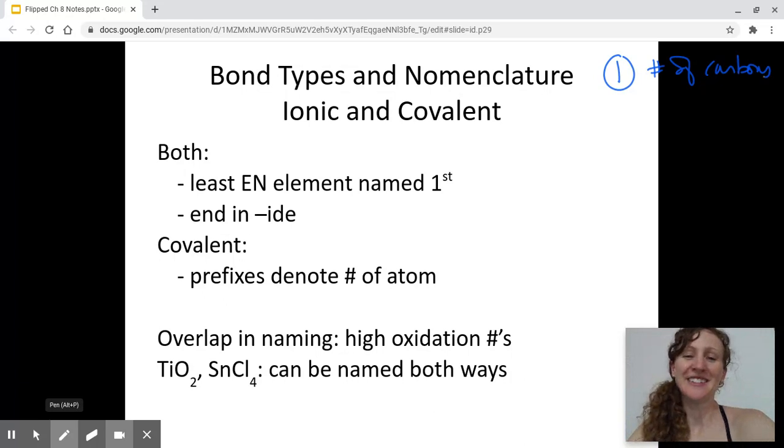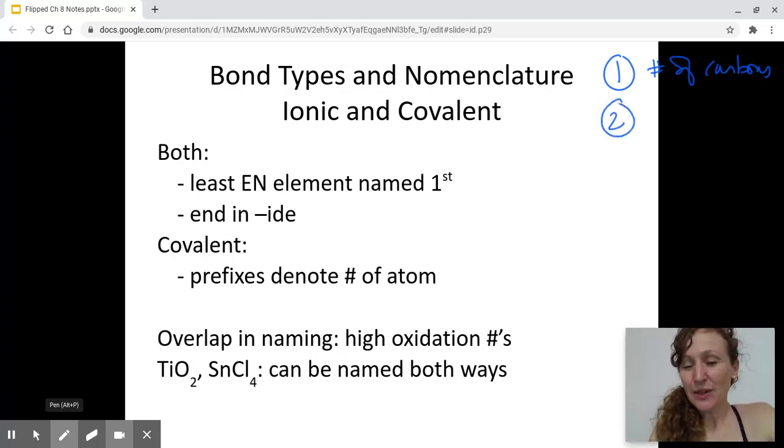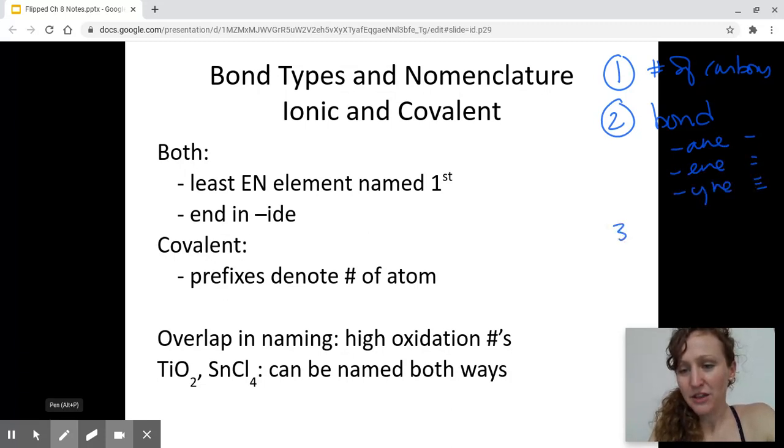Nobody cares about 11, dodec. The second thing you want to name is the bond. So -ane for a single bond, -ene for a double, -yne for a triple. And then the third thing is the functional groups that get tacked onto the end.